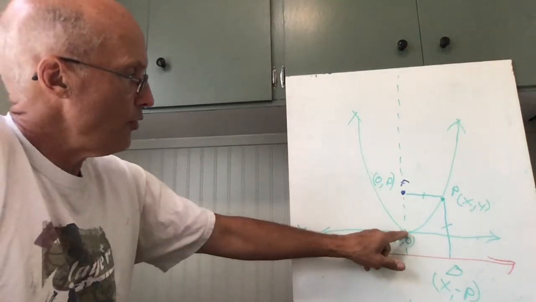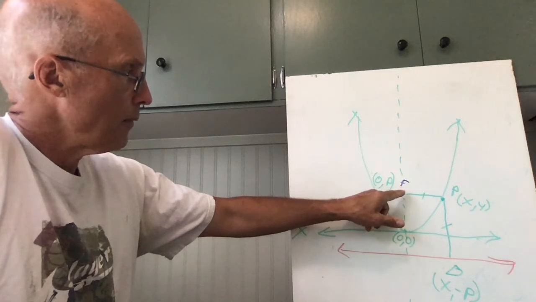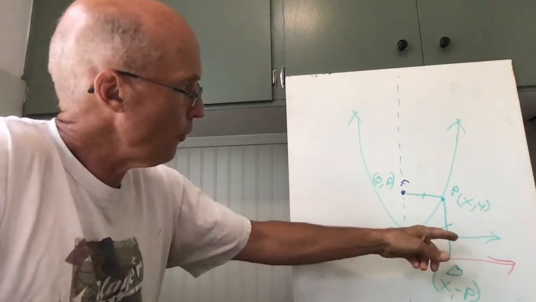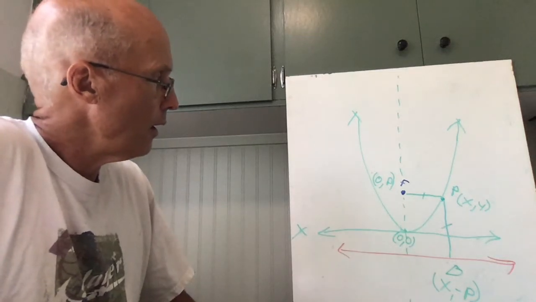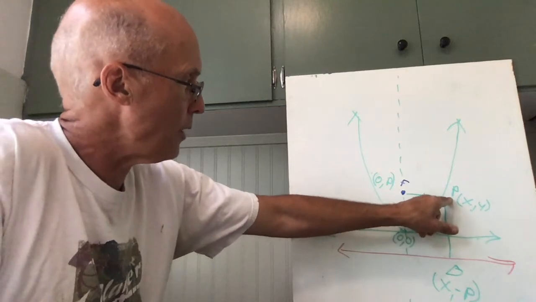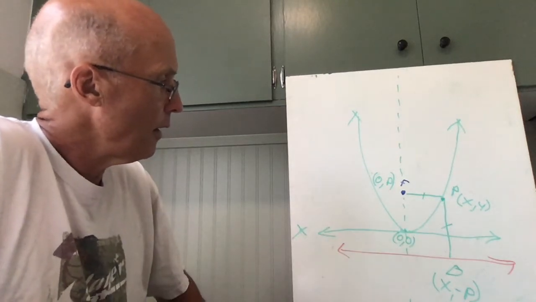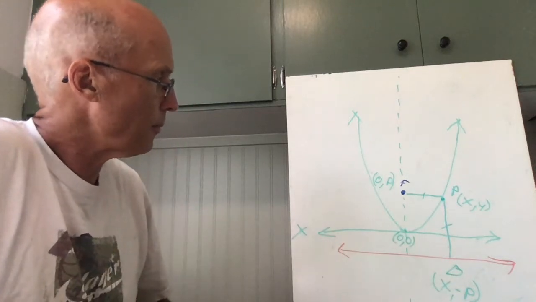So here's the origin. This is up p. This is over and up a certain distance, and this is the point P there. This is over and down that same distance.